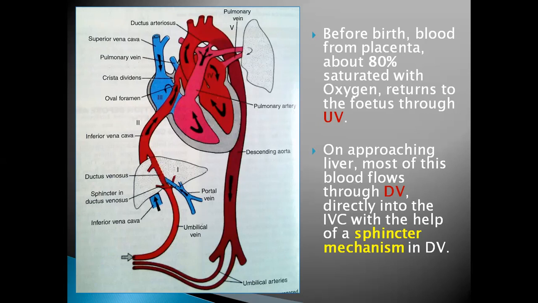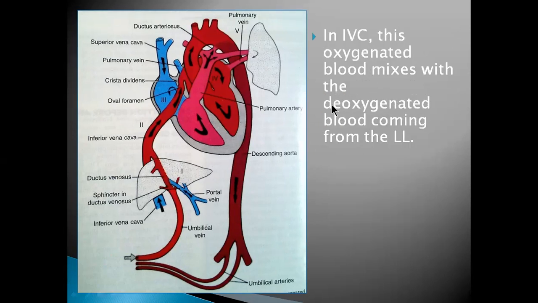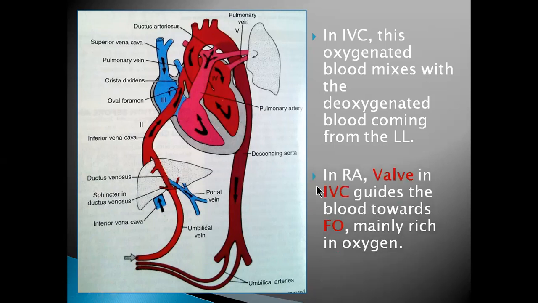Okay. Then after a short course in the infravena cava, this oxygenated blood mixes with the deoxygenated blood coming from the lower limb. So this is the lower limb blood coming here, and this is the blood coming by the ductus venosus. So they will have a short passage through the infravena cava. Okay. Then what will happen in right atrium?